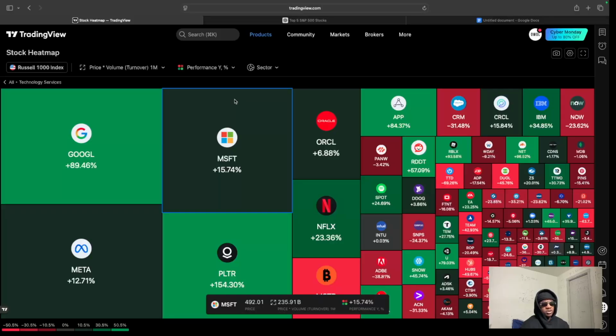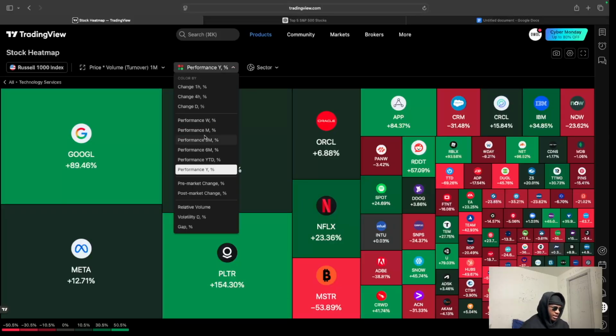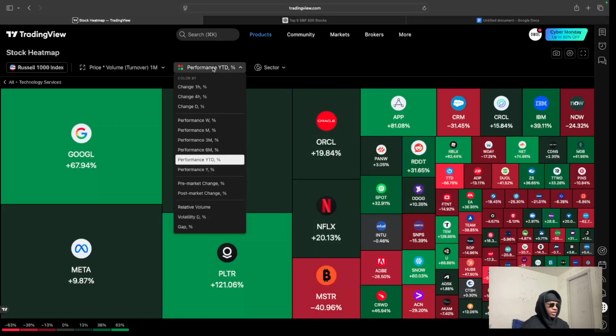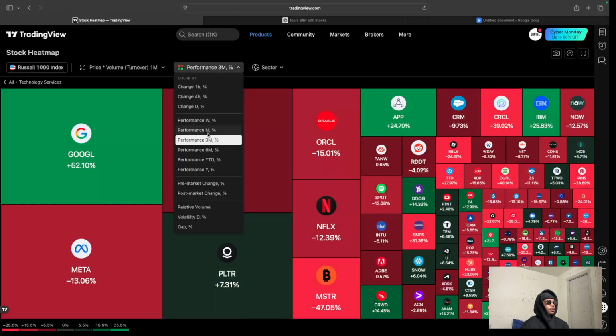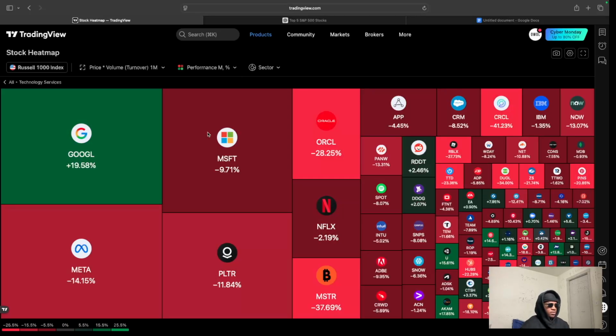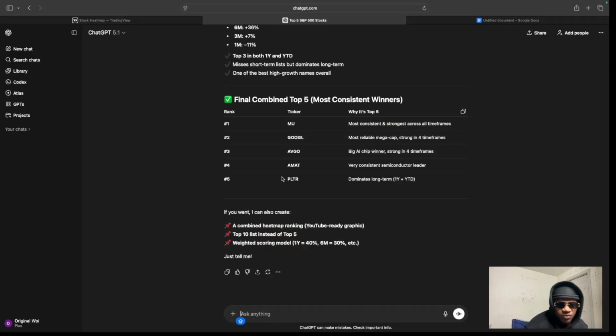In the Russell 1000, I'm gonna screenshot the year to date, 6 month, 3 month, 1 month. Boom. And I'm looking at it. If you guys haven't caught on by now, this is how you catch on. This is exactly what I do. I'm gonna go all the way and do the same process.